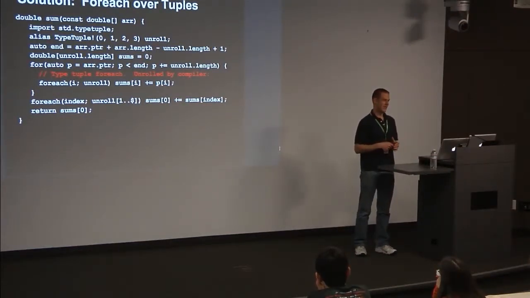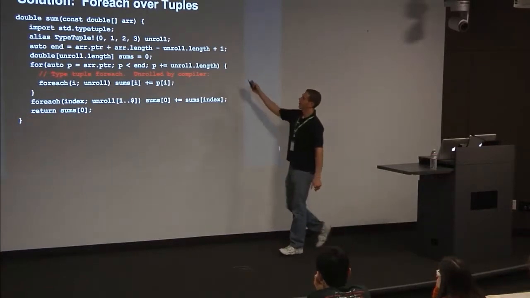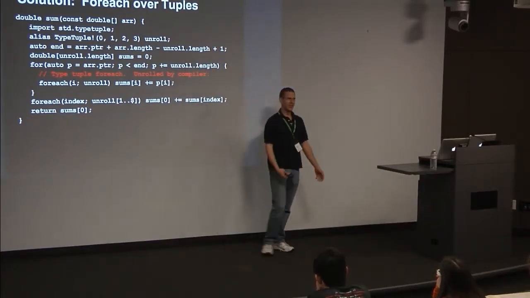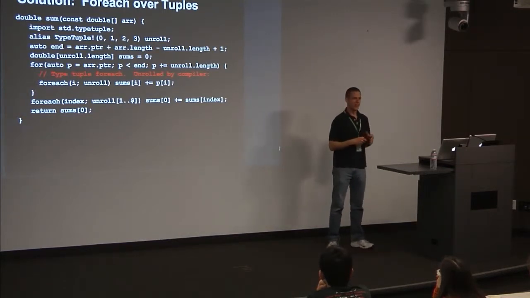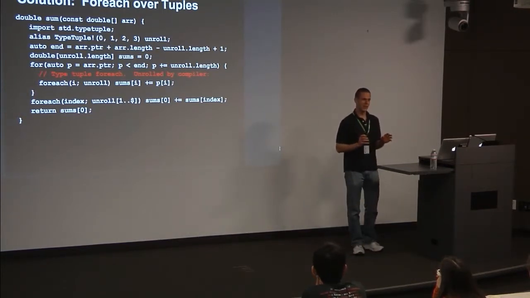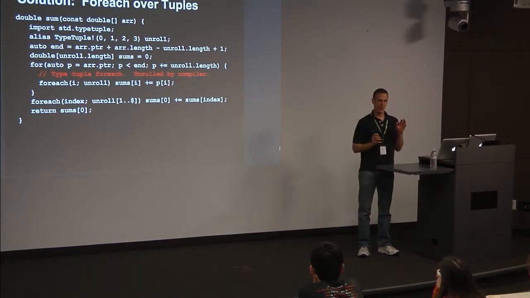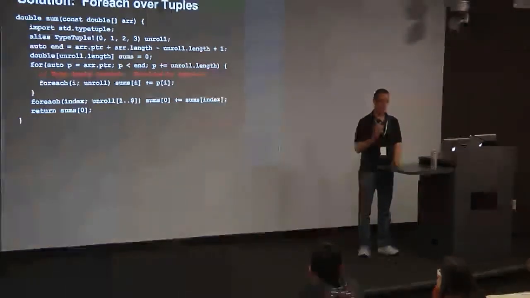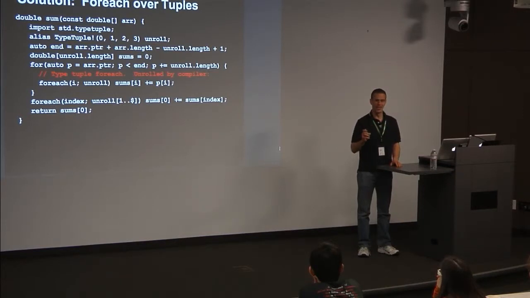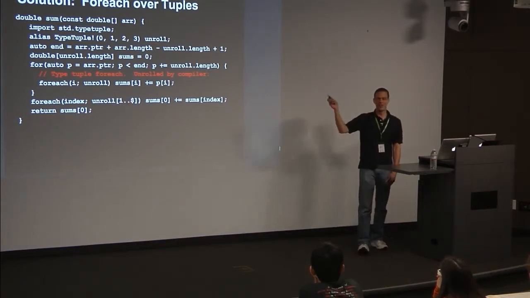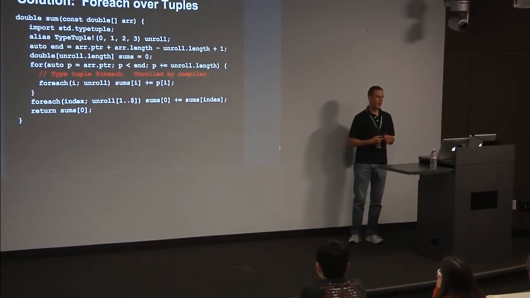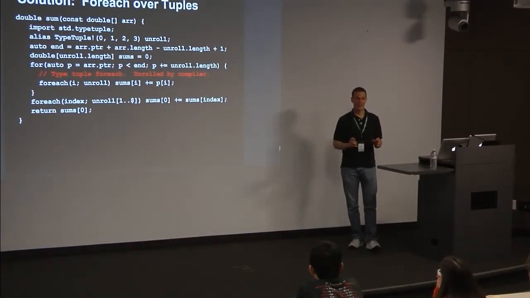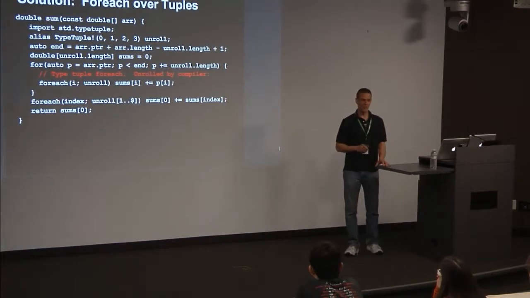Now the beauty of this is that if we factored this tuple out into a static iota call, so remember static iota is a hypothetical template where static iota instantiated with n creates a tuple of all the integers 0 through n, and made the unrolling factor a template parameter, we could vary the unrolling factor without changing the body of the function.